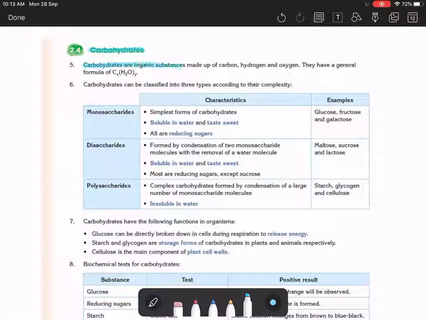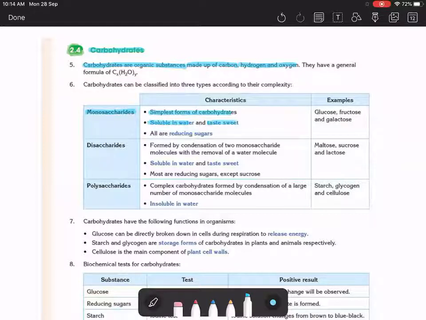Carbohydrates are organic, we always mention that. Made up of carbon. That's why it is organic. There is hydrogen and oxygen forming the water. And then next, we just now finished monosaccharide. Very simple, soluble in water and sweet taste.